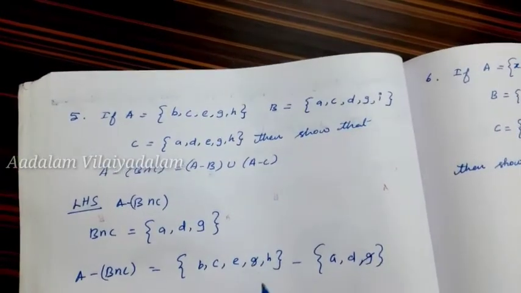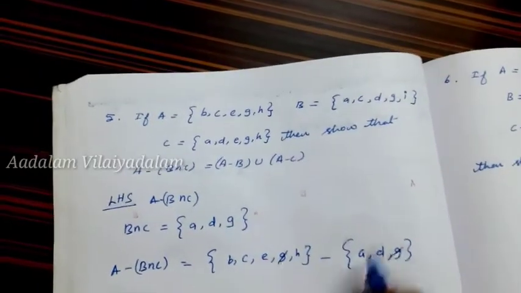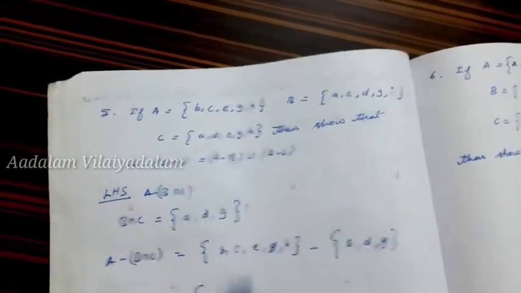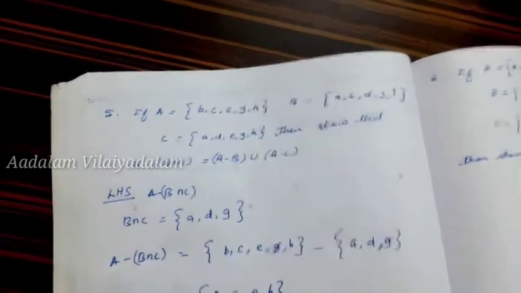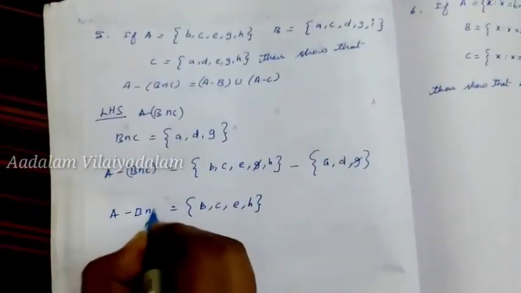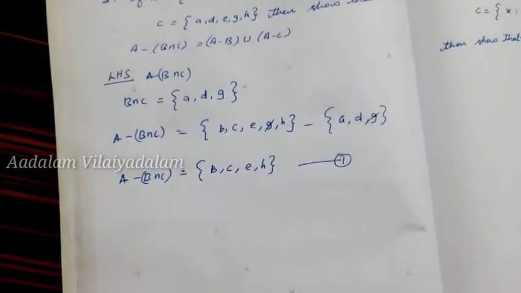G is common. So we can remove that one. A and D, we can subtract this. Then the remaining is B, C, E, H. So this is A minus B intersection C. Take it as equation 1.